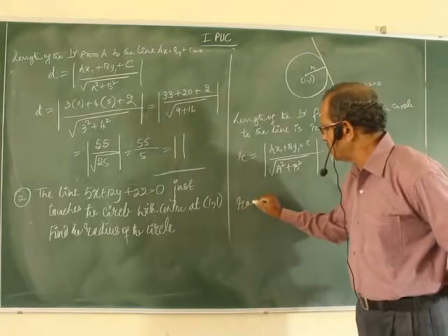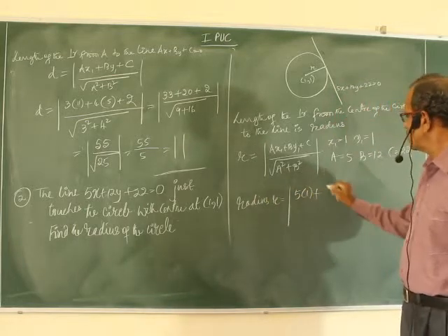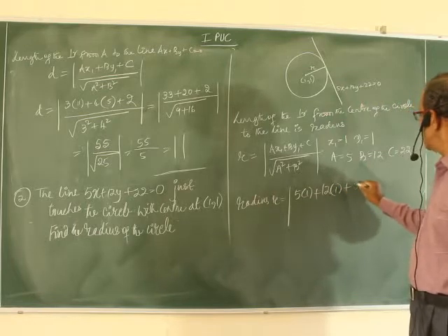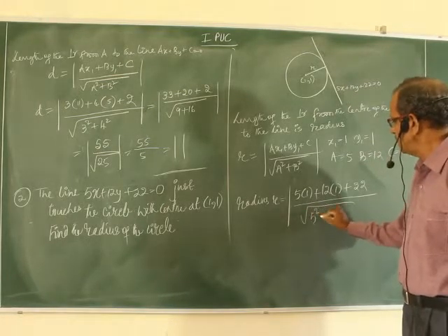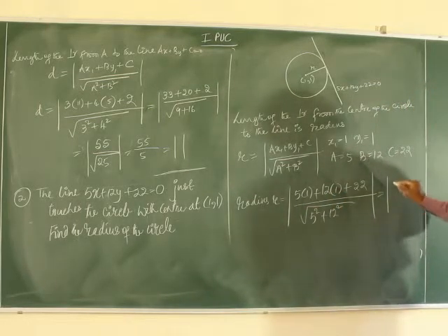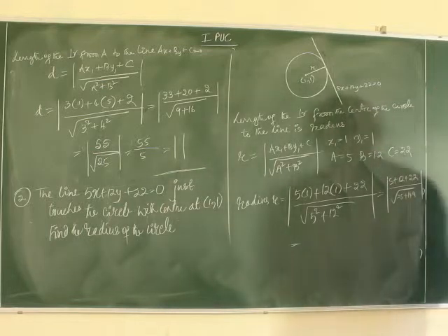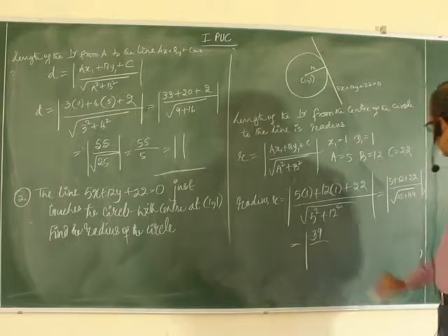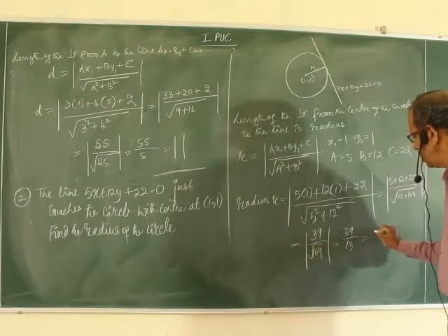So radius r equal to (a x1 plus b y1 plus c) by root of a square plus b square. 5, 12, 22, root of 25 plus 144. 17 plus 22 is 39, divided by root 169. 39 by 13, 3.